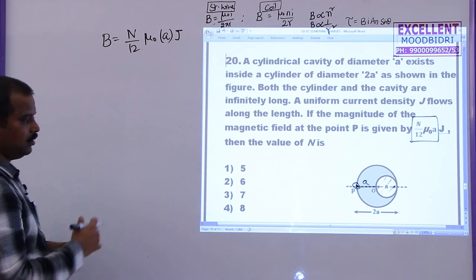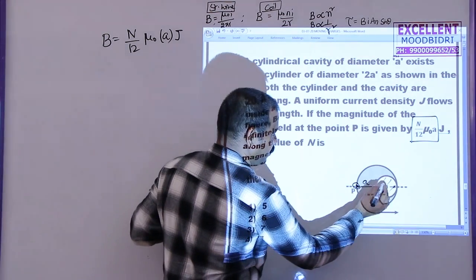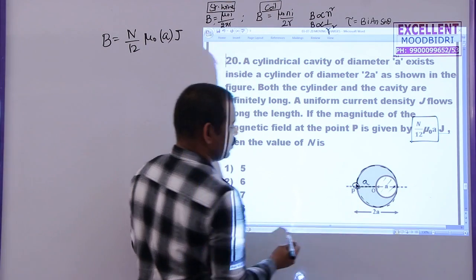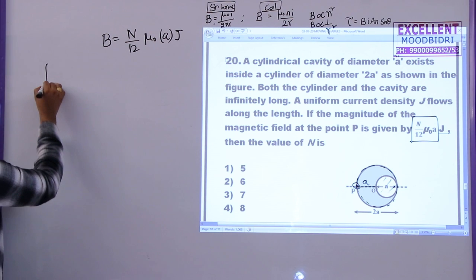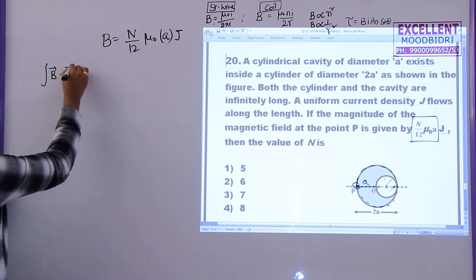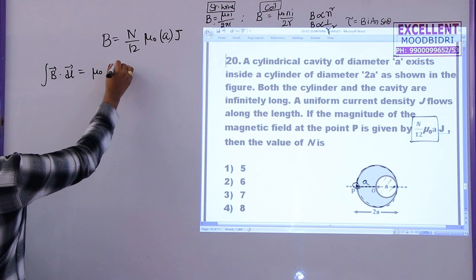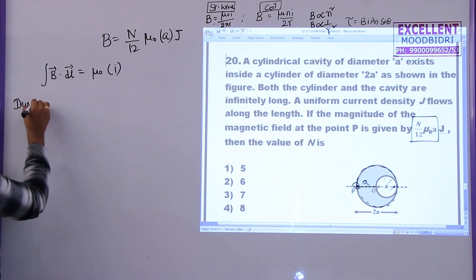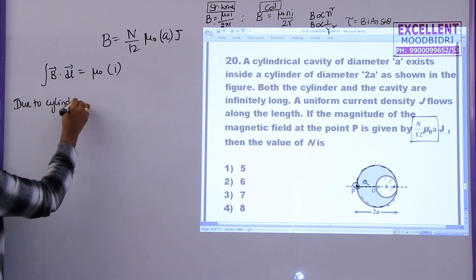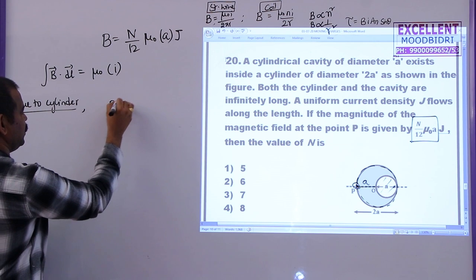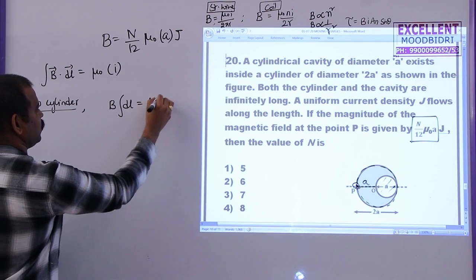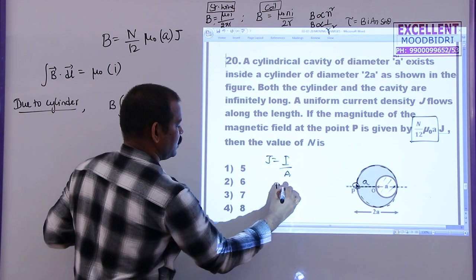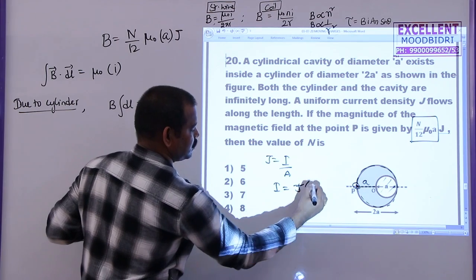Now here if you want to find out the magnetic field due to this cylinder, let me take one circular path here. So what is the magnetic field here? From Ampere's circuital law, B dot dl is equal to mu naught times the current enclosed by this one. So at point P, due to the cylinder, B integral dl is equal to mu naught into I, where current density J is equal to I by A. So I is equal to J into the area of this one.